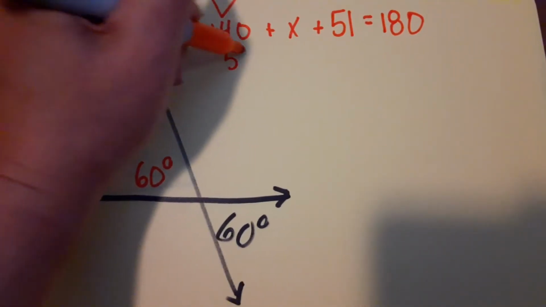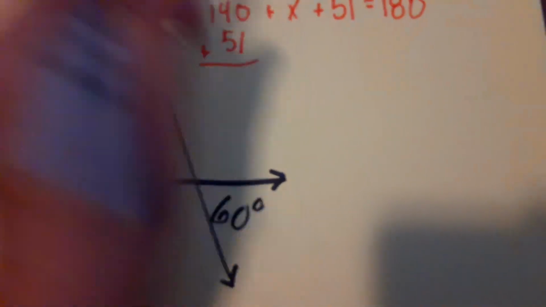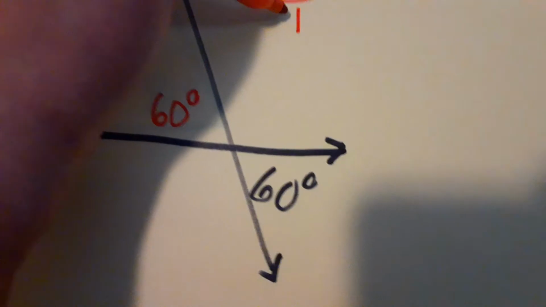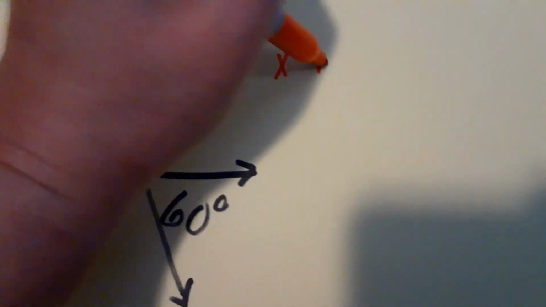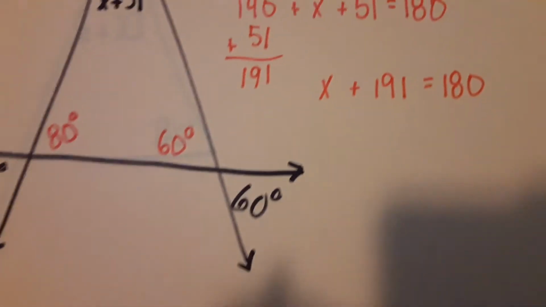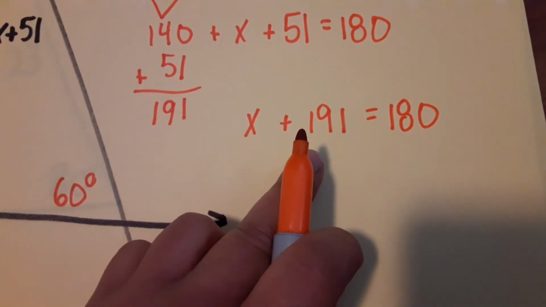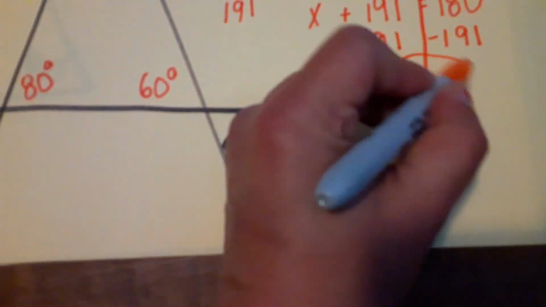Add 140 plus 51. Go. So I get x plus 191 equals 180. I need to still find x. It's being added to 191. So I will subtract 191 from each side of the equation, and I get x equal to negative 11.